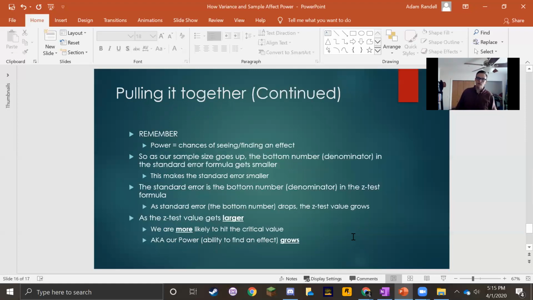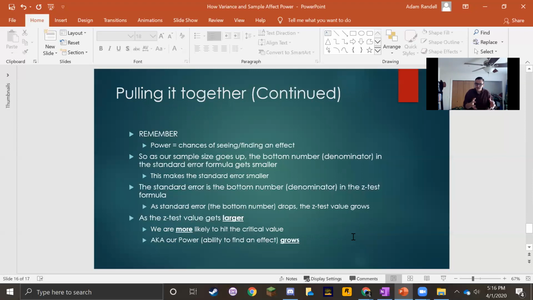But what about the bottom side of the standard error formula, sample size? Again, remember, power is the chance of seeing or finding an effect. Well, as sample size goes up, right, the denominator of the standard error goes up, then standard error goes down, right? Then we plug that smaller standard error down in the z-test formula. It's the denominator, and it's smaller. Remember what we said before?